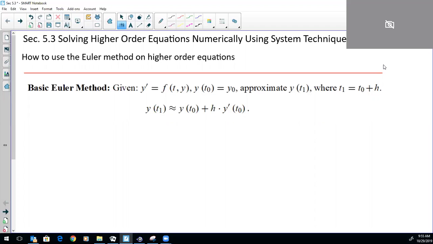Now the Euler method is a first order DE process, but we're going to adapt it by changing our higher order differential equation into a system of first order DEs and do Euler on all of those in the system simultaneously. But first, let's just remember what the Euler method was.